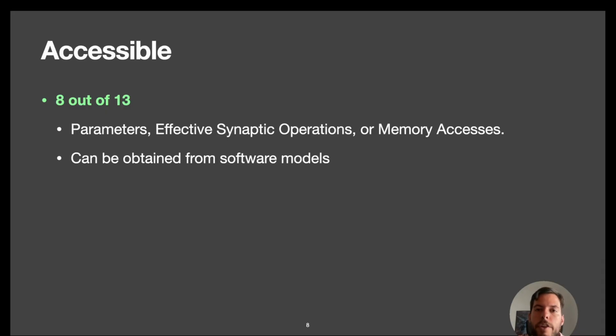If I know that a spiking neural network has X amount of neurons, I know that it has X amount of parameters. It will have these effective synaptic operations depending on the size of the data and the size of the model. So we don't need the hardware at any point to measure these metrics. That's why they are accessible.